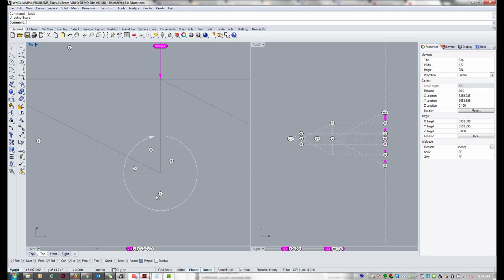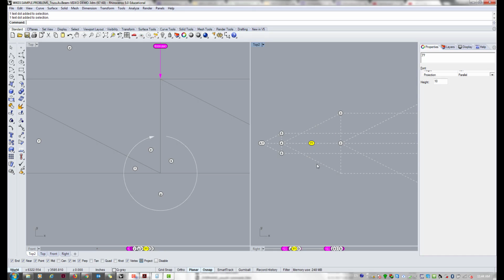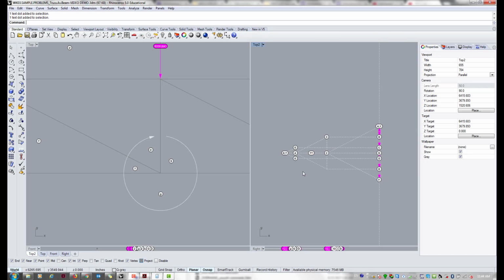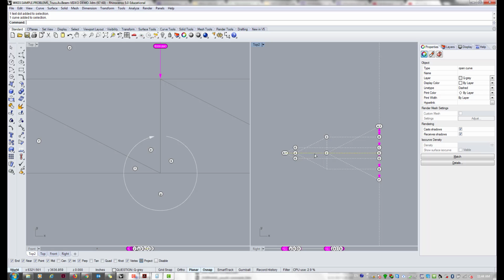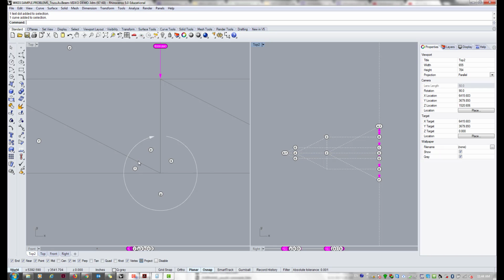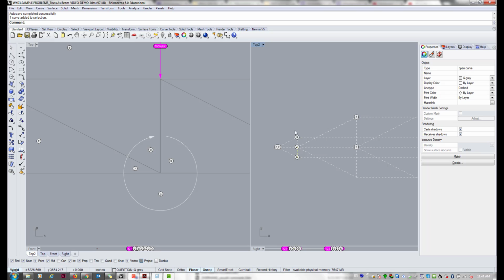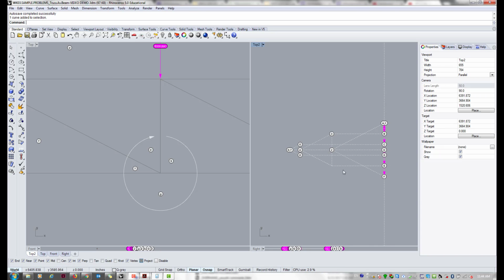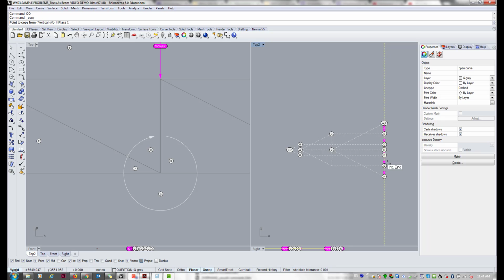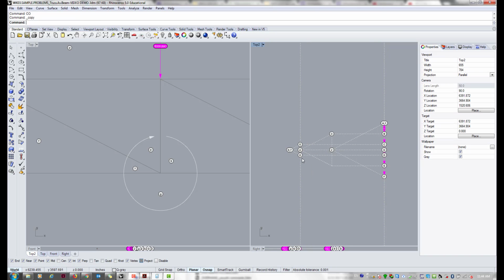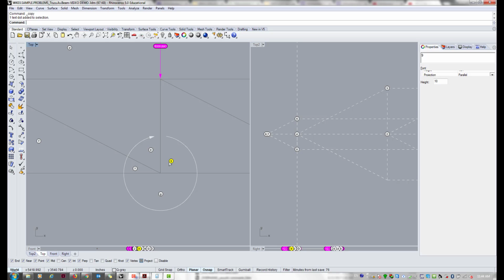Looking at G7, it is a horizontal force, but we haven't located 7 yet. Actually we did, so 7 is here too, and G7 is here. 7, 8 we've located already, and 8, 9 will be on this vertical. I could pretend that I don't know, and 9 would be somewhere on here.